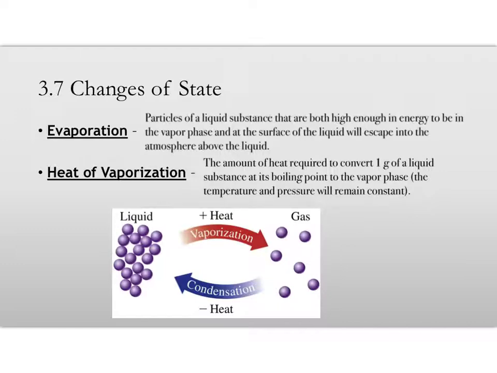They have enough energy to be in the gas phase, and they have to be at the surface of the liquid. So you can obviously tell the difference between when evaporation is occurring and when boiling is occurring, because evaporation only occurs at the surface, which is why you never see bubbles occurring.